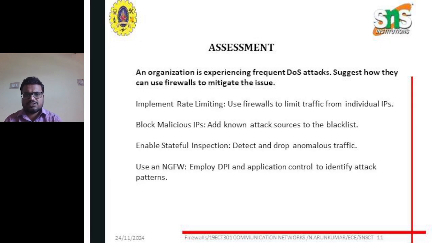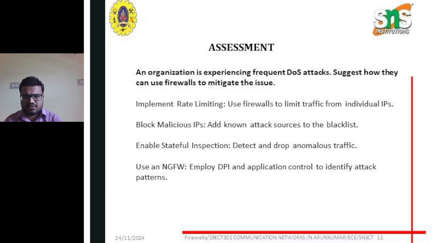Assessment: an organization is experiencing frequent DoS attacks and domain name system attacks. Suggest how they can use a firewall to avoid such issues. To implement firewall access, we can do the following. First, implement rate limiting: use the firewall to limit the traffic from individual IPs and block malicious IPs.